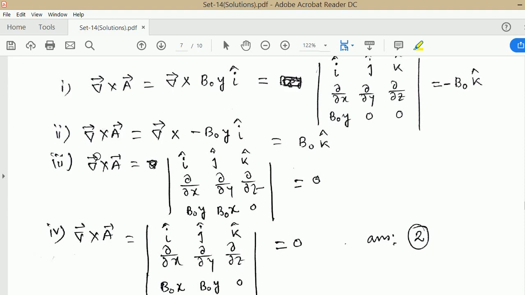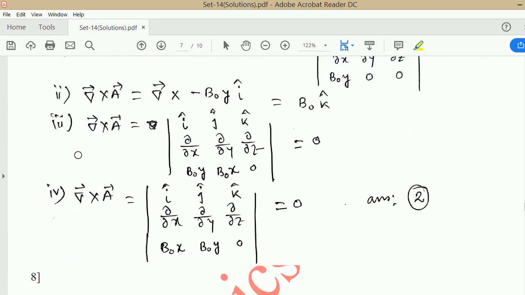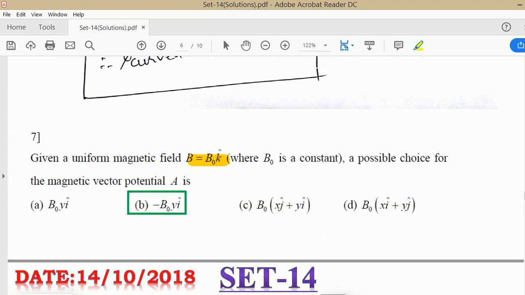Next we try the second option and we get B naught k, and it is matching with option B. So when you are sure, you don't have to calculate for these two terms because they contribute only for this term, so this is the answer. Still, I have calculated the other two and they give 0, so it is not matching with B naught k. So option 2 is the correct option.